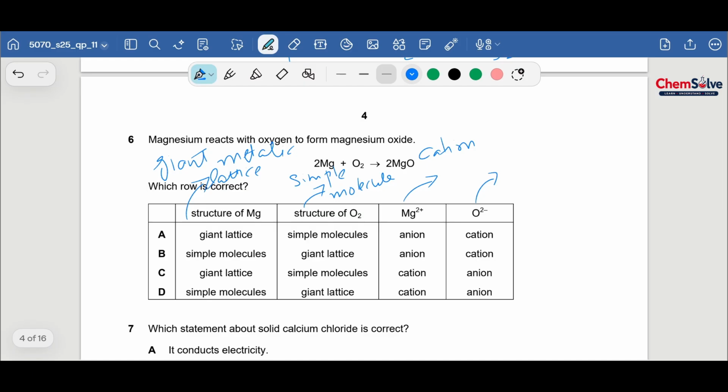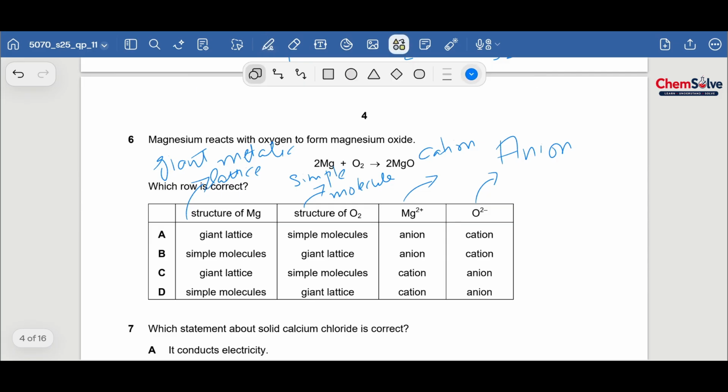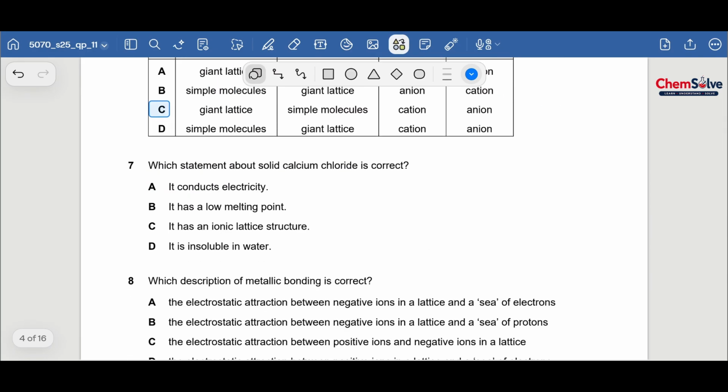And O minus 2 is negatively charged, and it is an anion. So just look at the options. Option C is the correct option here, right? Okay, ji.